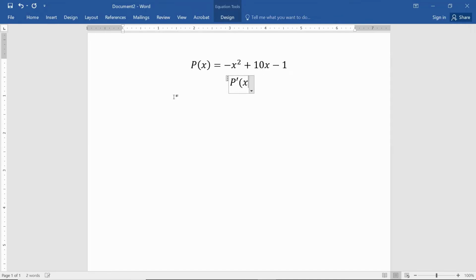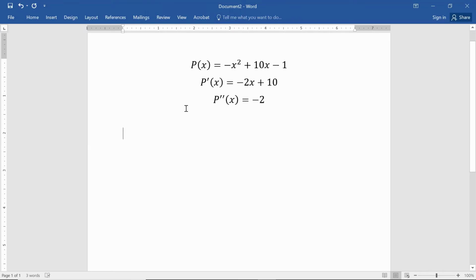Some people take both the first and second derivative at the same time, and others take the first derivative, find the critical points, and then find the second derivative afterward. You're going to have to do both of them eventually. So what I tend to do is take both derivatives right at the beginning and then use those to find what I want.